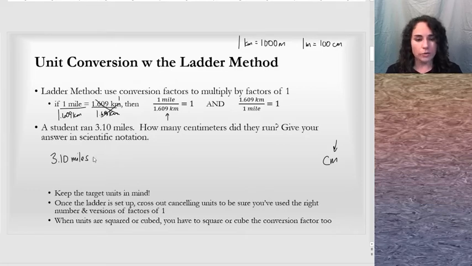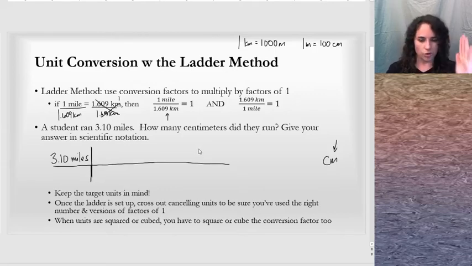Okay, so how do I use factors of 1? And this is what makes it the ladder method. So I'm just going to draw a long line across here, and I'm going to put the first rung of my ladder. If I put rungs along here, it'll be a sideways ladder. It's like lying on its side, and the steps go this way. Okay, so 3.10 miles. I want to convert from miles to kilometers, and I know how fractions work.